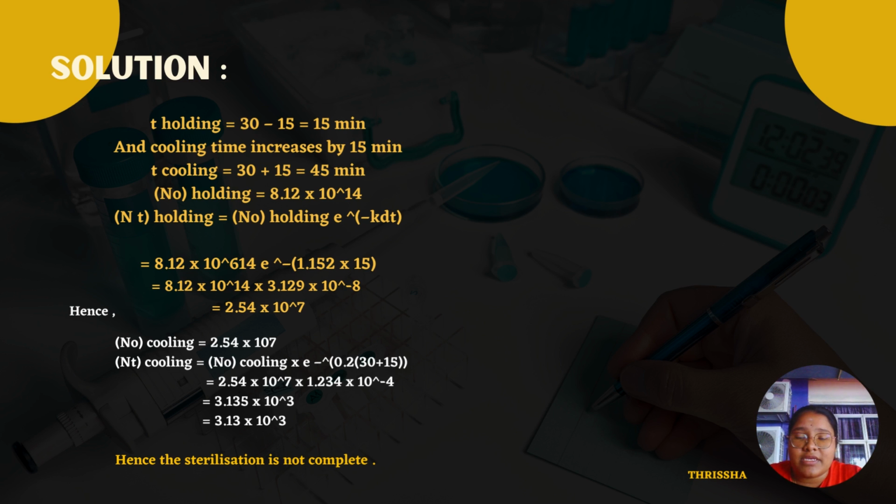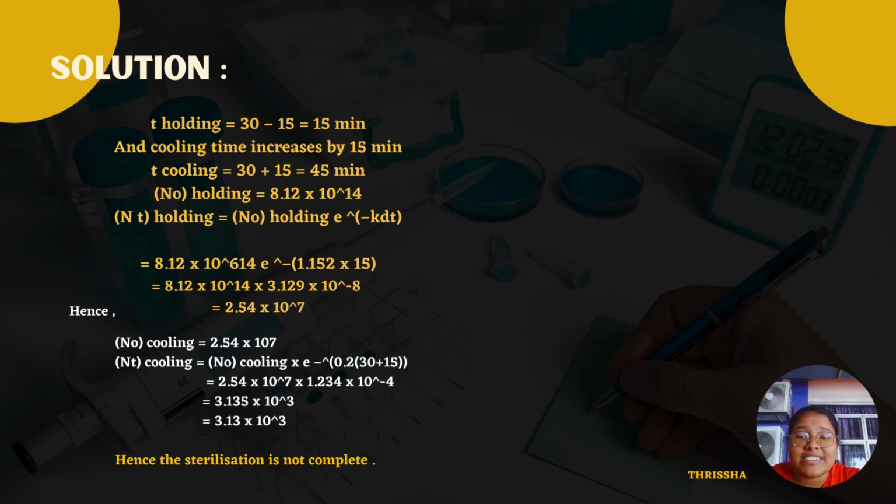After we substitute all the numbers into our equation, we get the final answer of 2.54 exponent 7. This is NT holding, the present batch. It will be the same as N naught cooling, the initial batch of cooling, because it is carried forward. Hence N naught cooling is 2.54 exponent 7.